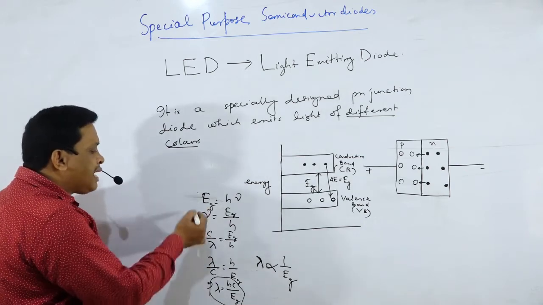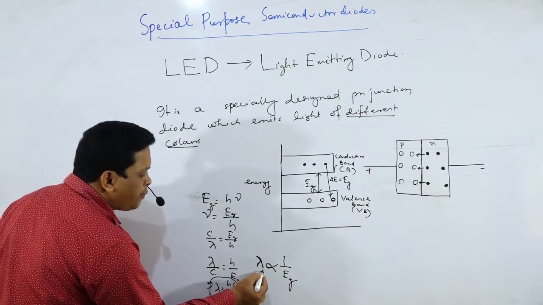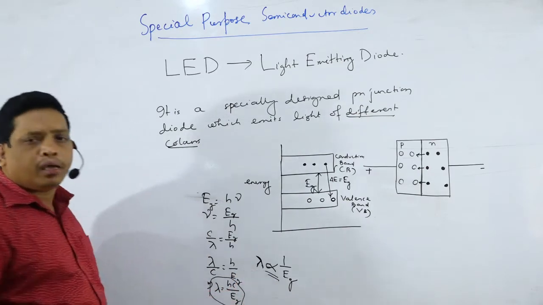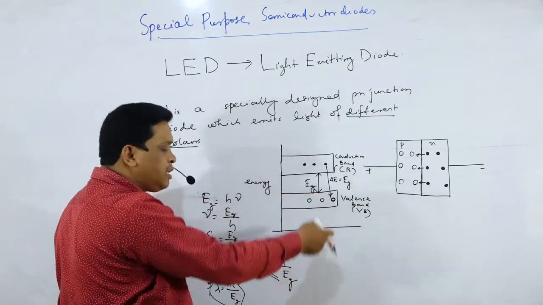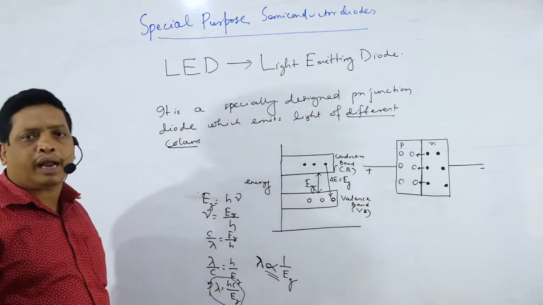And the wavelength of that light is inversely proportional to the band gap energy, that is, the width of the forbidden energy gap.